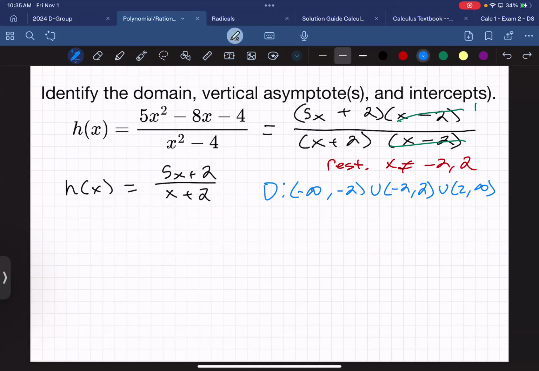Remember, if you can't simplify something, that's a vertical asymptote. So the factor that was left over is this x plus 2. I could not simplify that, right? So one thing that we do need to make note of is, hey, we have a vertical asymptote at x equal to -2. The x equal to +2, we need to do an adjustment ourselves.